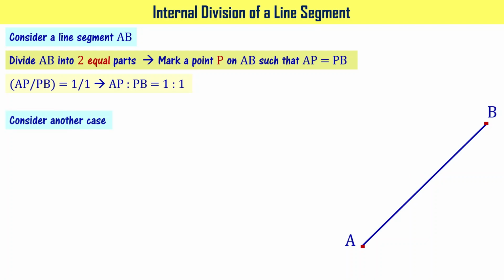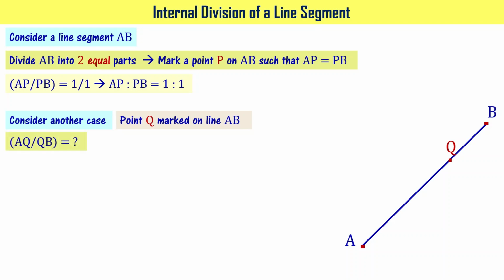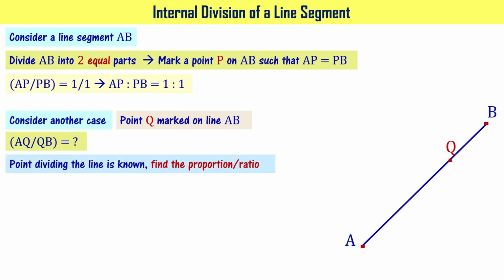Now let's consider another case where point Q is marked on line AB. The ratio of AQ and QB is not known, right? The scenario you have in hand now is that the point dividing the line is known, but we don't know the proportion or the ratio in which the point Q is dividing line segment AB into two parts, right?